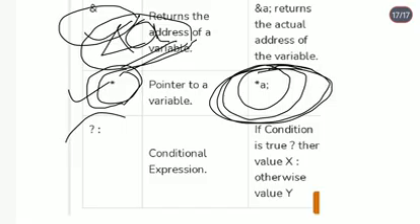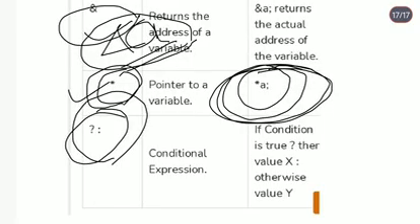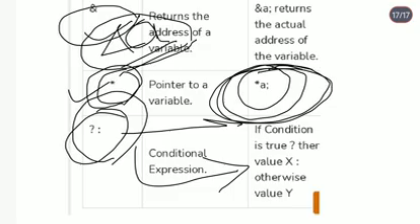And this is the conditional expression. If the condition is true, then value x, otherwise value y. For example, if two things are given in front of you, and if the condition is true, then it will execute the first one, otherwise it will go for the execution of the second one.